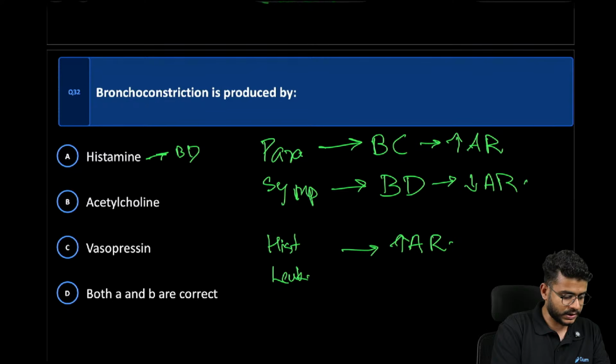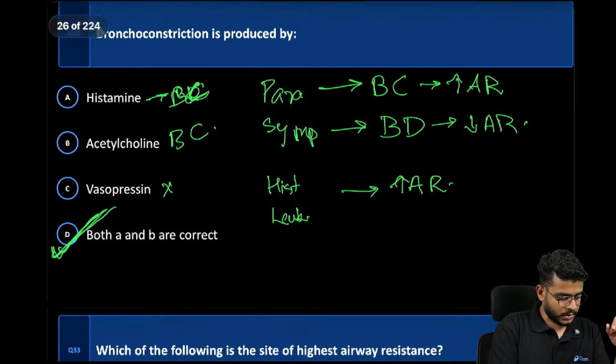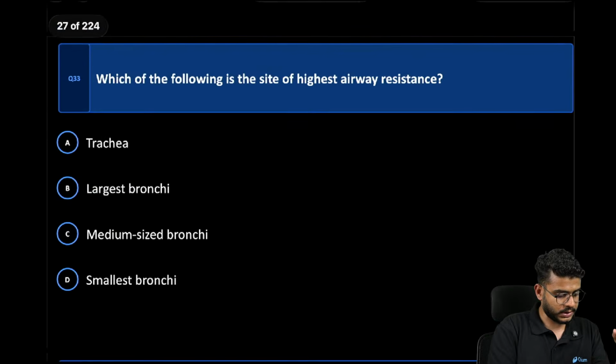Yes, acetylcholine is parasympathetic, so it causes bronchoconstriction. Again, vasopressin, no. So both A and B are correct. Okay, let's go to the next question.